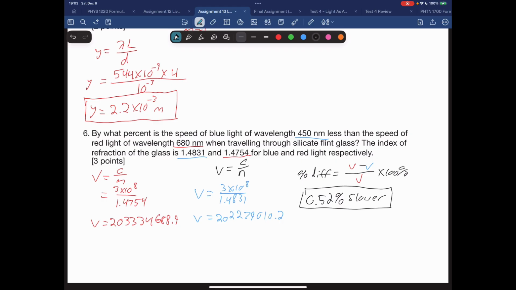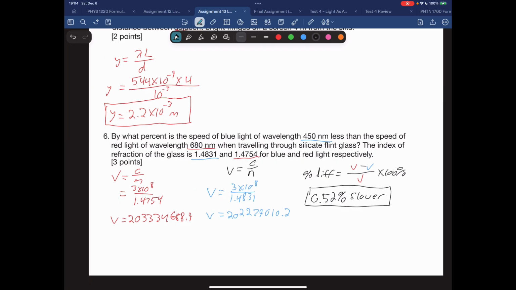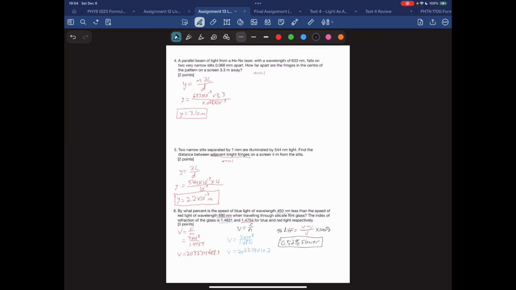Now, I didn't bother writing out the full equation like I normally do because the numbers are huge. Instead, I color-coded red and blue, so I hope that makes it clear what numbers are where. So that was the answer for number 6, and, well, I guess 4 and 5 on page 2 of this assignment.